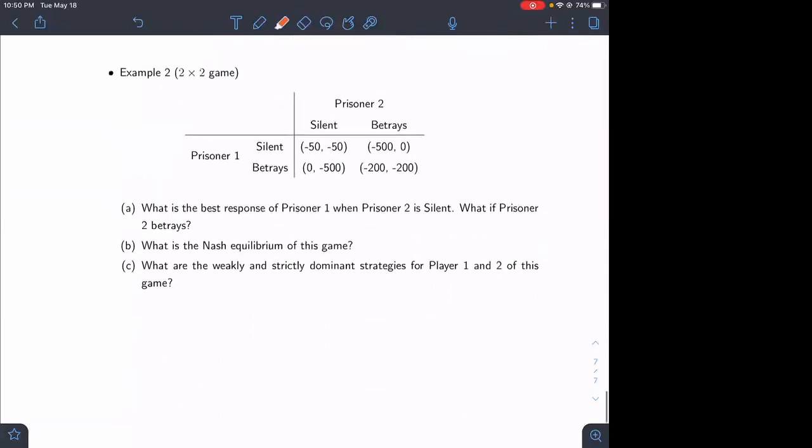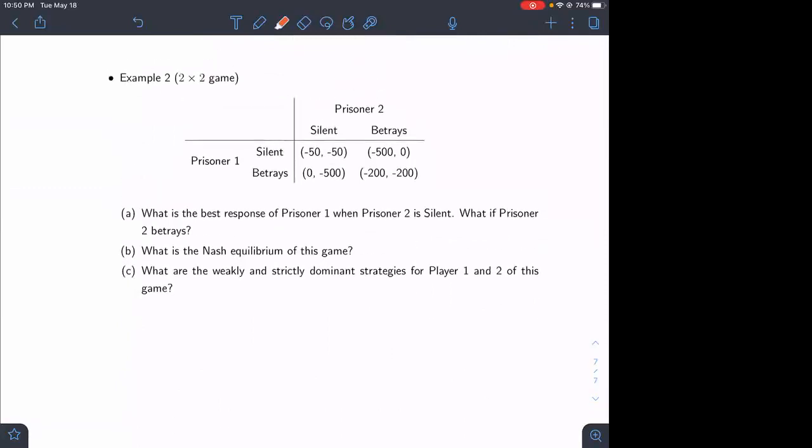We have another example. This is a prisoner's dilemma. We can also try to find the best responses of prisoner 1 and prisoner 2. If prisoner 2 is silent, then my best response is this one, to betray. And if prisoner 2 betrays, then my best response is also to betray.